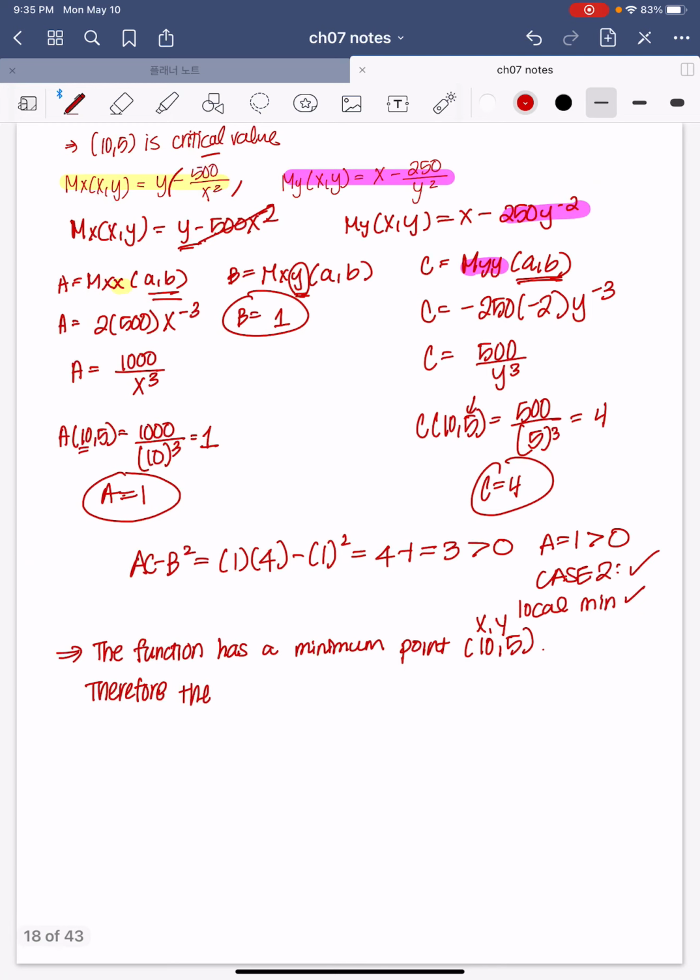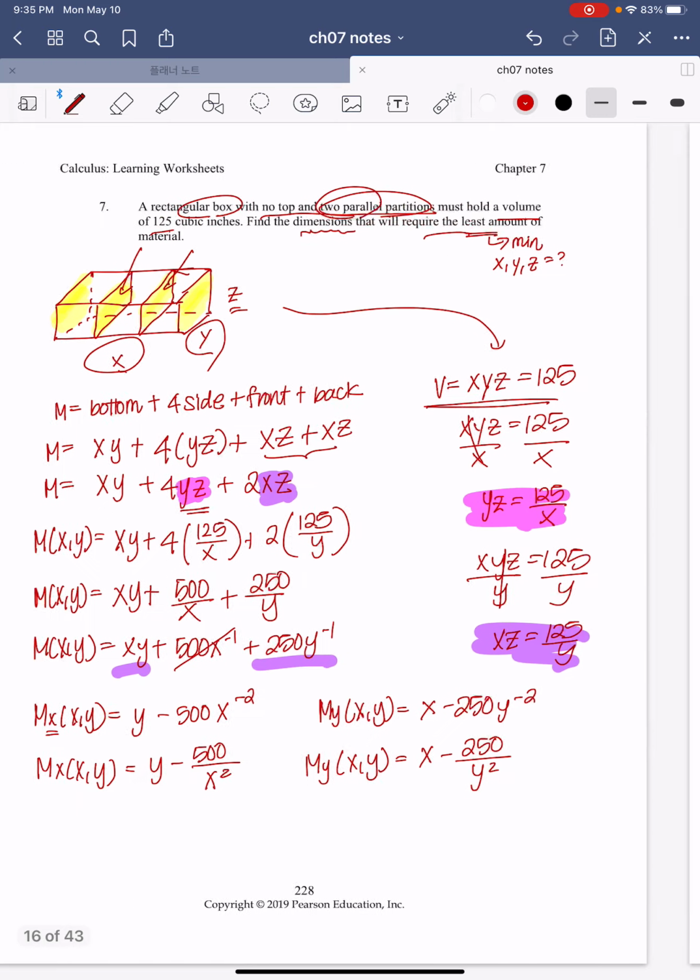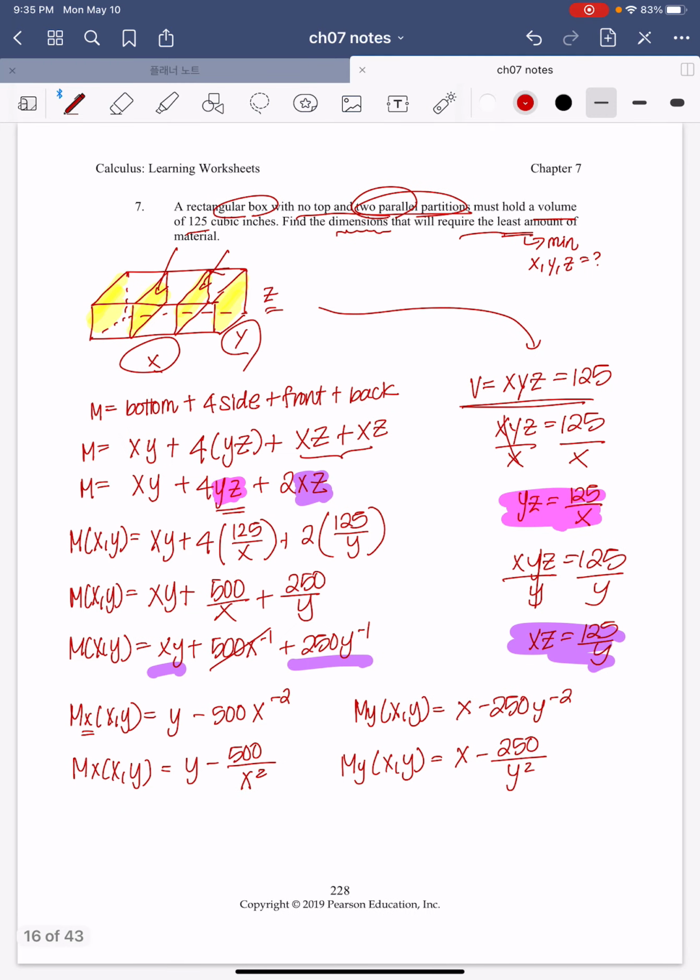So x will be the length, x will be 10, the width is 5, and then the height, which is z, and then z can be solved right over here.